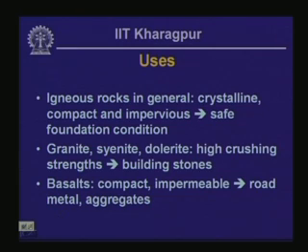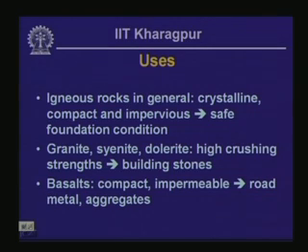Igneous rock, as was apparent from the presentation, is mainly crystalline, compact and impervious. As a result, it gives a safe foundation condition for heavy civil engineering projects like tunneling projects or dam projects. Now, many of these rocks have very high crushing strength or shear strength. These rocks are very good building materials.